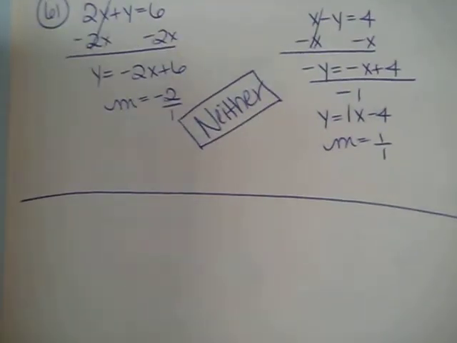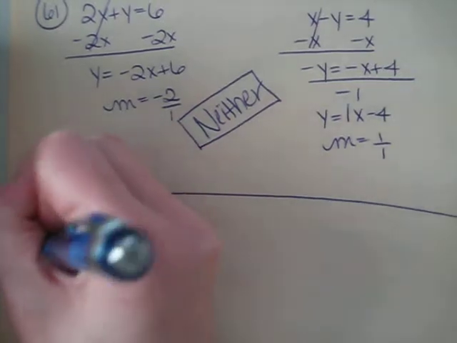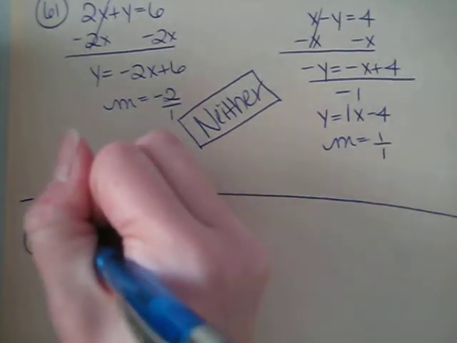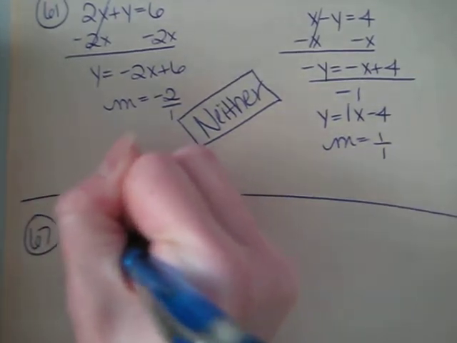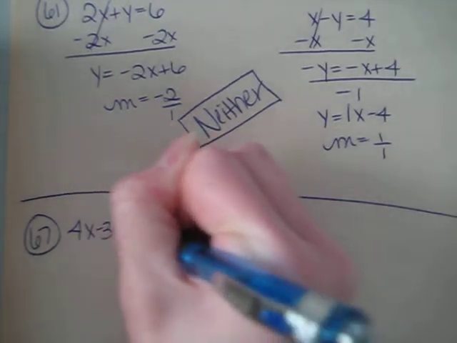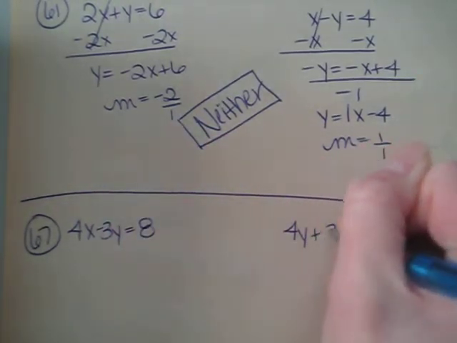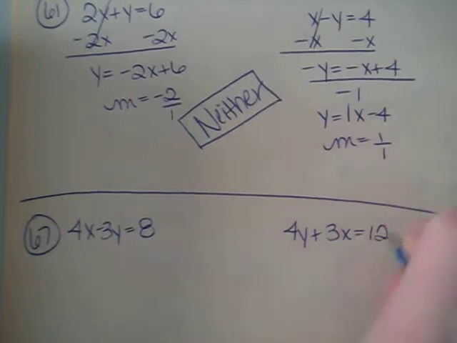Our last question, number 67. Now 67 again gives you two equations. So 4x minus 3y equals 8, and 4y plus 3x equals 12. Be careful when you're writing your variables here.